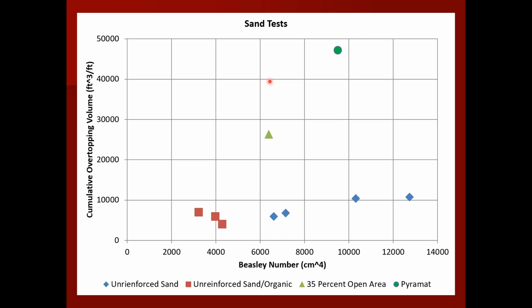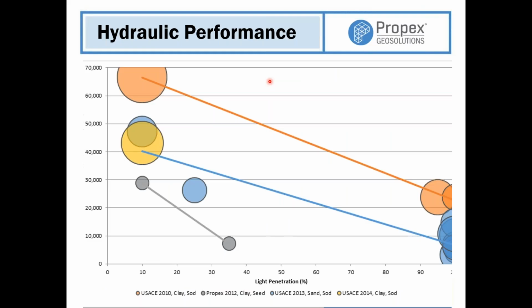So through 2 types of vegetation, 2 types of TRM, and 2 types of soil material across very different storm loading conditions, we're able to develop a bubble chart, if you will, where the size of the bubble is the Beasley number, and the y-axis is overtopping volume as a function of light penetration.